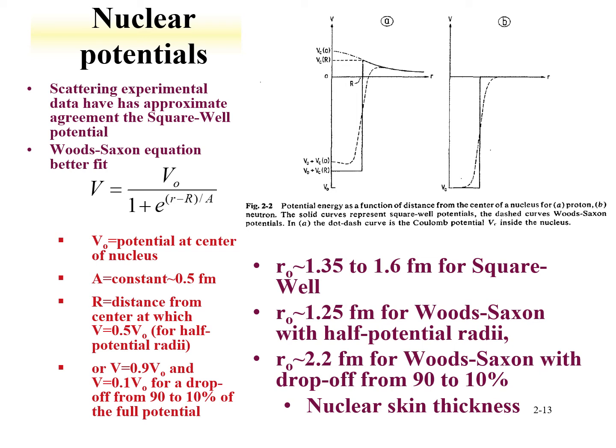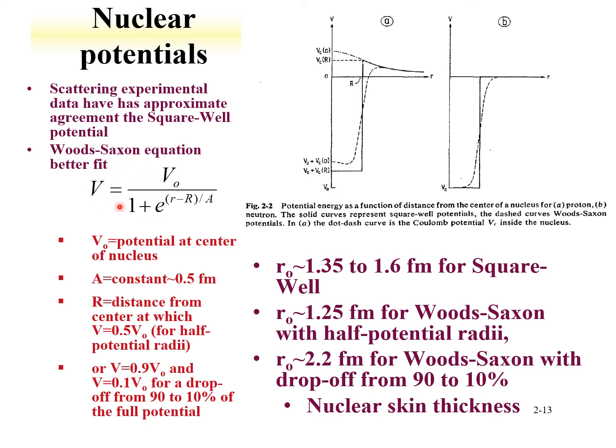Now, the data actually seems to point to a Woods-Saxon fit, and this is the dashed line. The difference is that with the square well, the distance here is a little bit smaller at the bottom of the potential, larger at the top of the potential. But the reason for this is that the Woods-Saxon potential can describe some of the variations in nuclear density as a function of distance from the center of the nucleus.